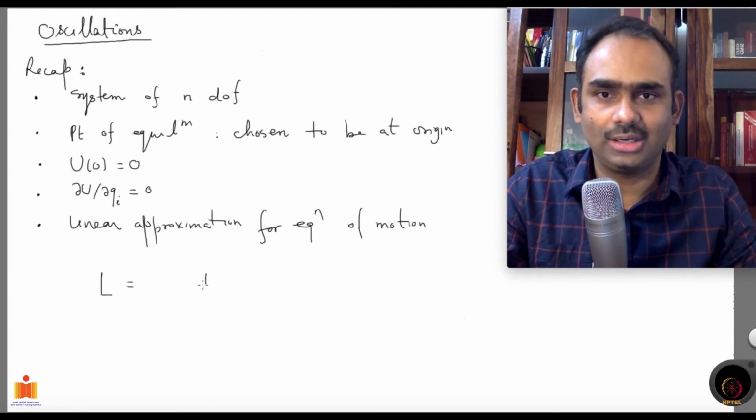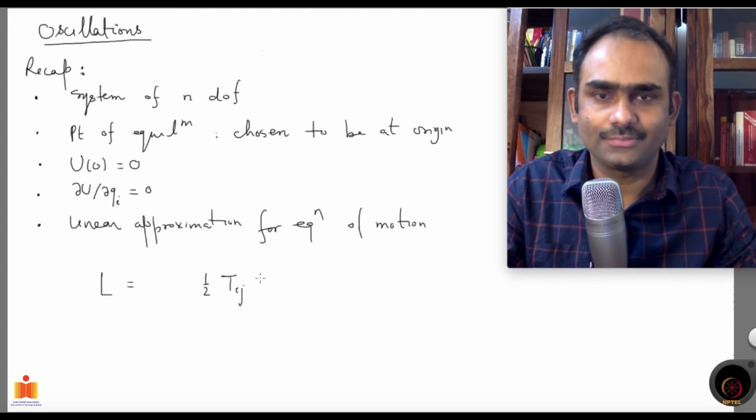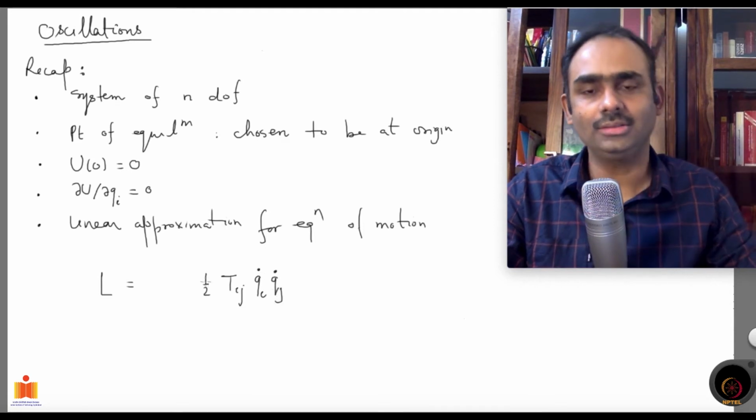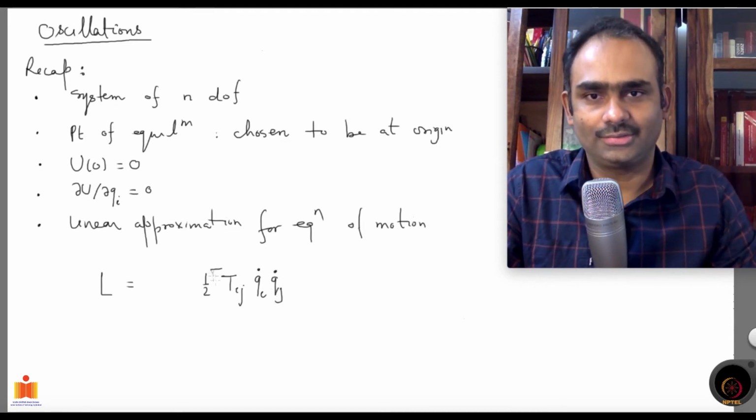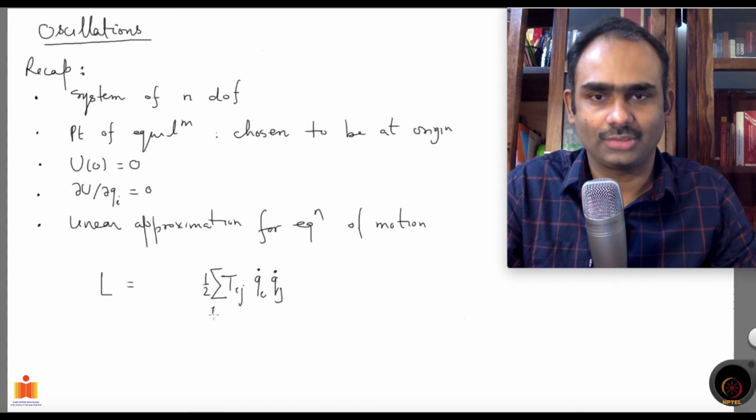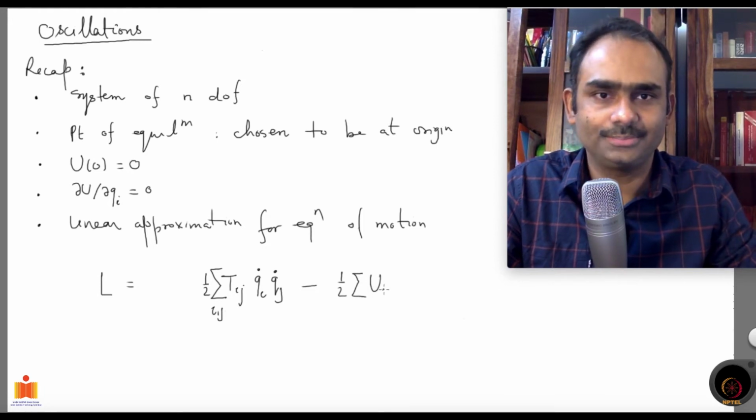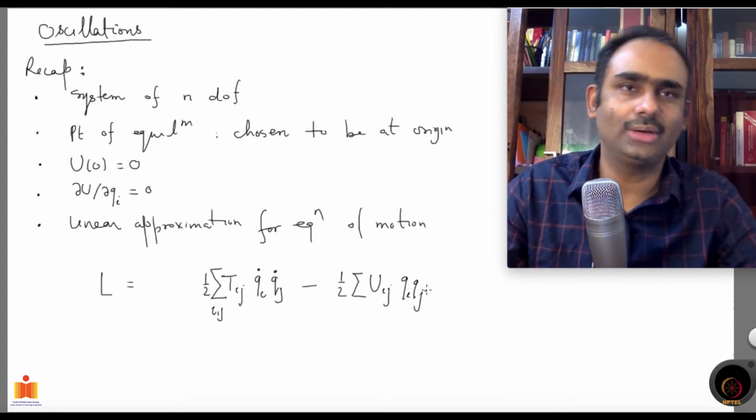It becomes half Tij Qi dot Qj dot, with summation over all i and j running from 1 to n, and then minus half Uij Qi Qj, where the Tijs and Uijs are constants.